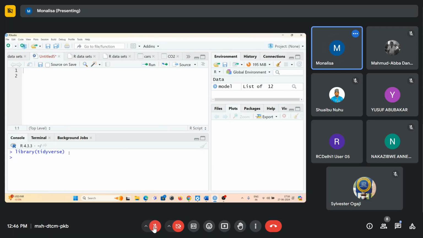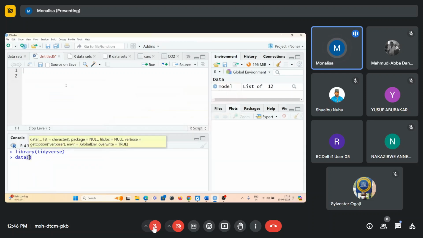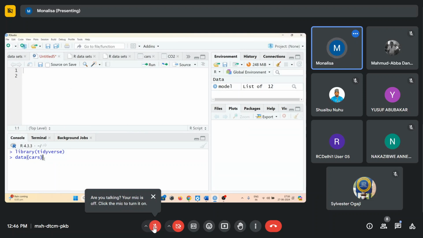Next, I want to work upon a data set. I want to perform the same operation, linear regression, on a data set, but I want to make use of different methods, right? Within the data function, write the data set that is cars. I want to make use of cars.